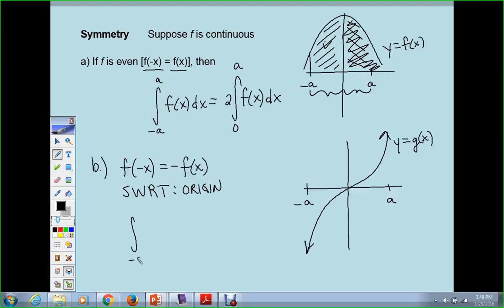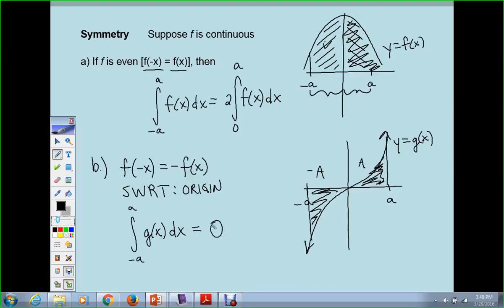I could take and determine the area under that curve. But if we look at it geometrically, the area under the curve here would have a negative area A. Since it's symmetrical, this would be the same area, but it would be positive, so this should equal 0.